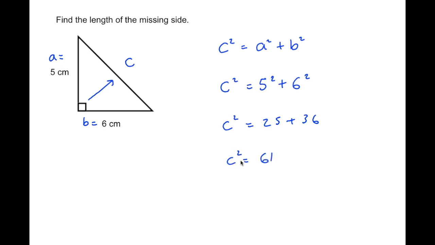Now, we need to get rid of this squared. Well, the inverse of squared is square root. So C is equal to the square root of 61. All we do now is put this in our calculator. C is equal to 7.8 centimeters, and that is to 1 dp.